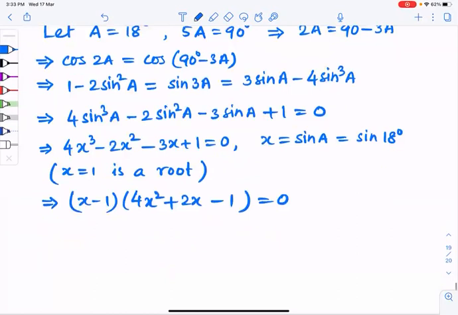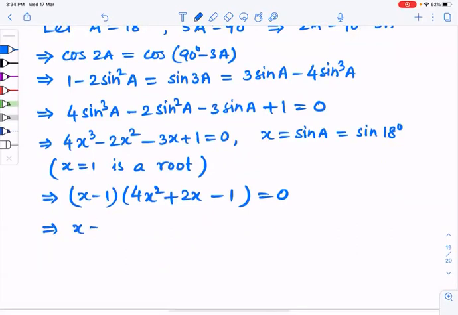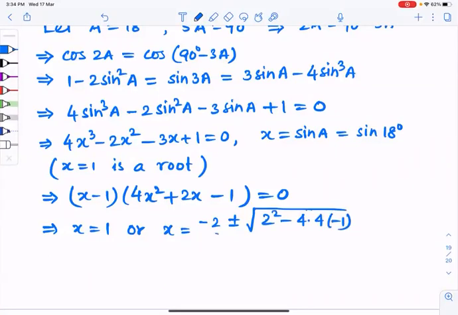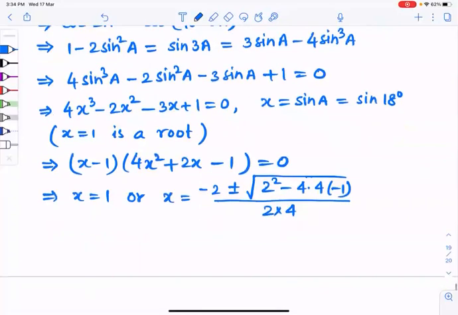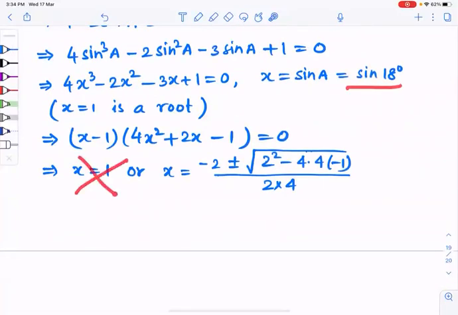So therefore, that will imply x equal to 1, or from the other part, x equal to, by quadratic formula, Sridhar Acharya formula, minus b plus minus root under b square minus 4ac divided by 2a. Sine 18 degrees x, it cannot be 1 because 1 is the value of sine 90 degree. 18 degree is the acute angle.